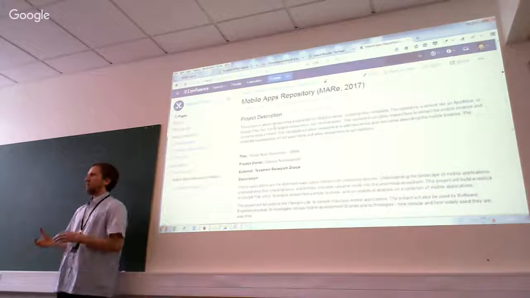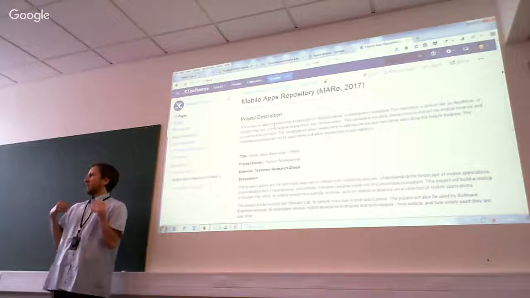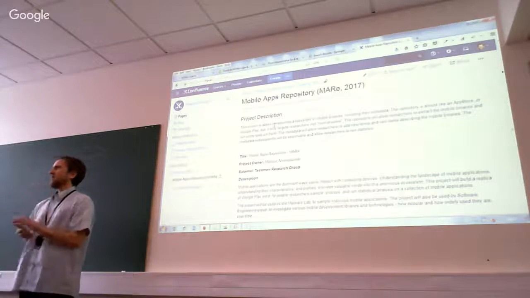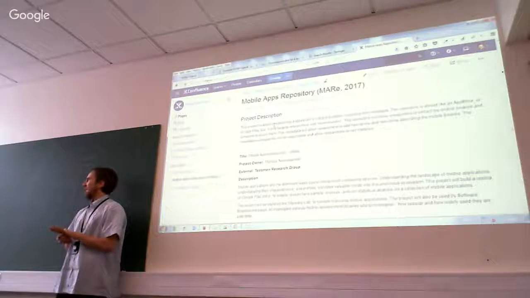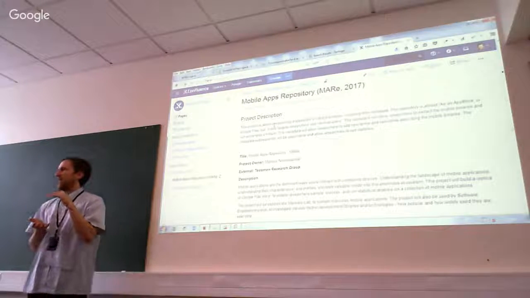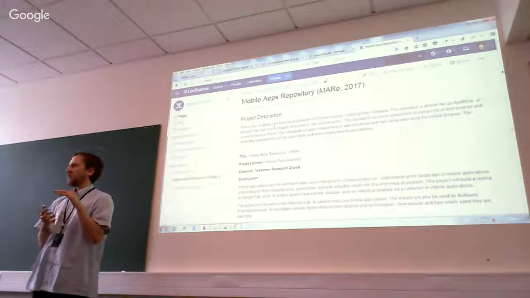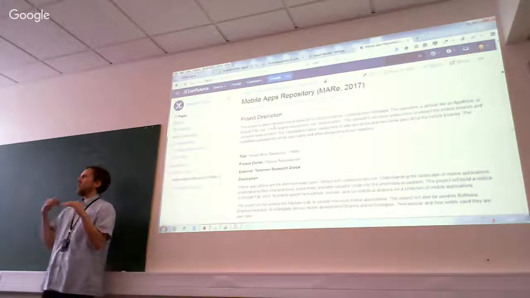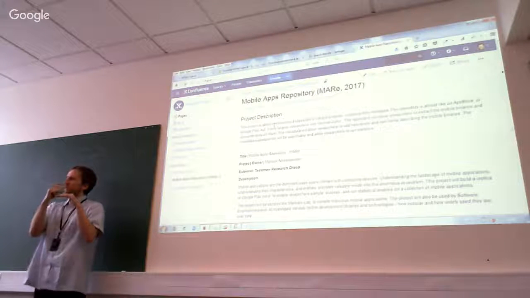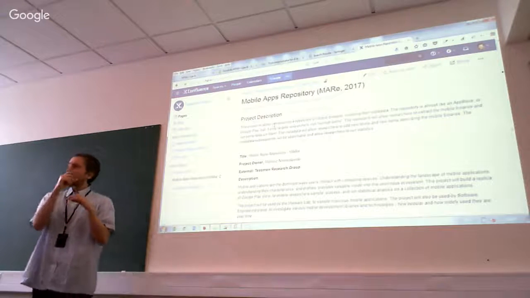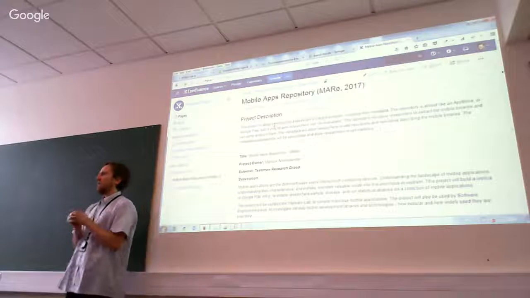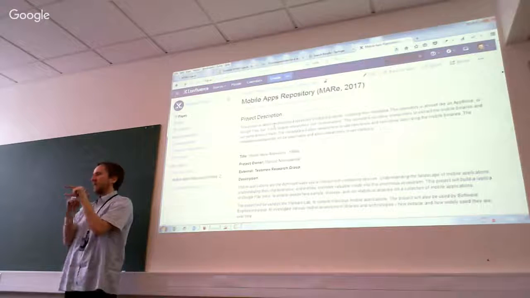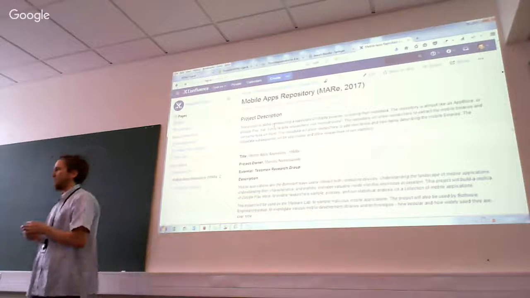So the repository will be local. You as a researcher can pose a query or pose a sort of a module to execute on those binaries and get some statistical data out of it. And we want to store some metadata about all those APKs in such a way that every time you run some, say, malware or software engineering statistics on it, you annotate that, okay, this APK was using PhoneGap, or this APK was using Xamarin, or this APK has a particular signature of the malware that the malware lab is interested in.